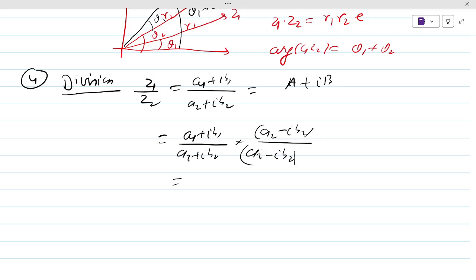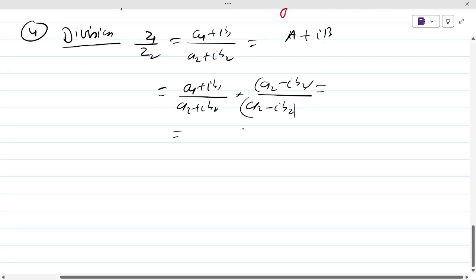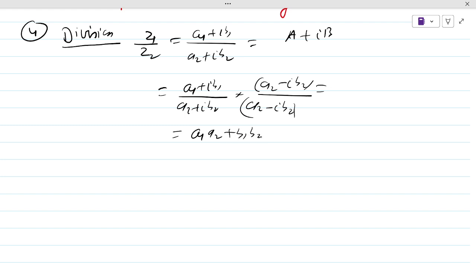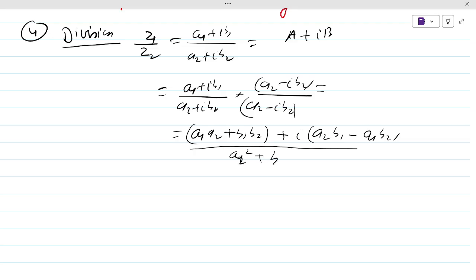So we will get something I can directly write: (a1 a2 plus b1 b2), plus i times (a2 b1 minus a1 b2), divided by a2 square plus b2 square.